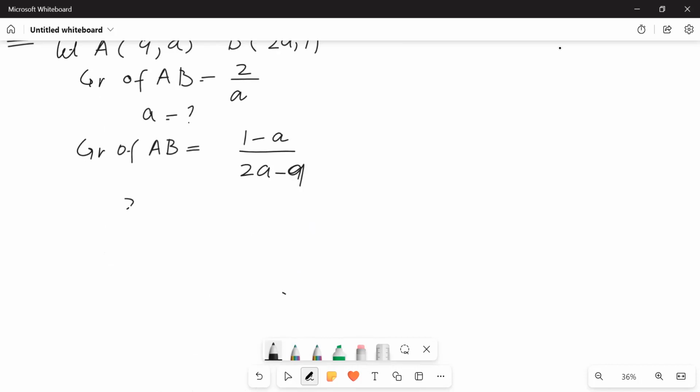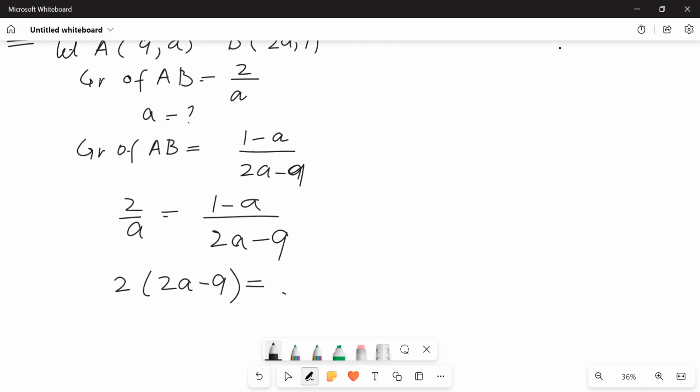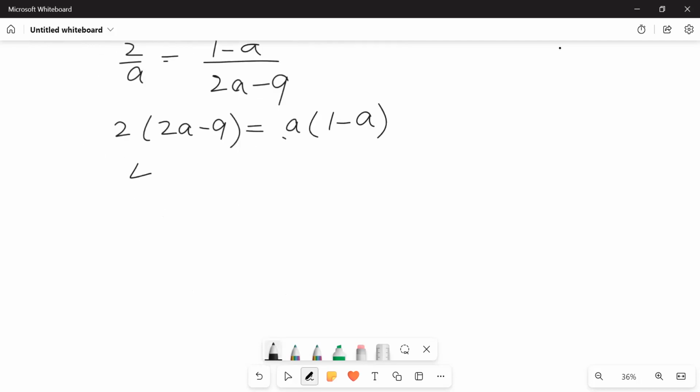Okay, it is 2a over 1 minus a over 2a minus 9. Now we will cross multiply, and then it is 2a minus 9 and it is a and 1 minus a. Okay, it will be 4a minus 18 and this is a minus a square.